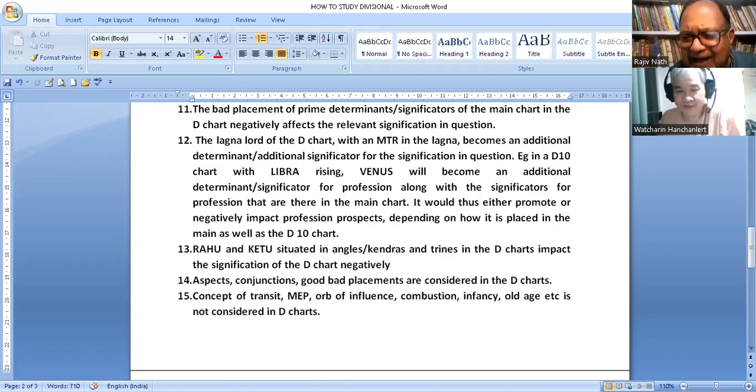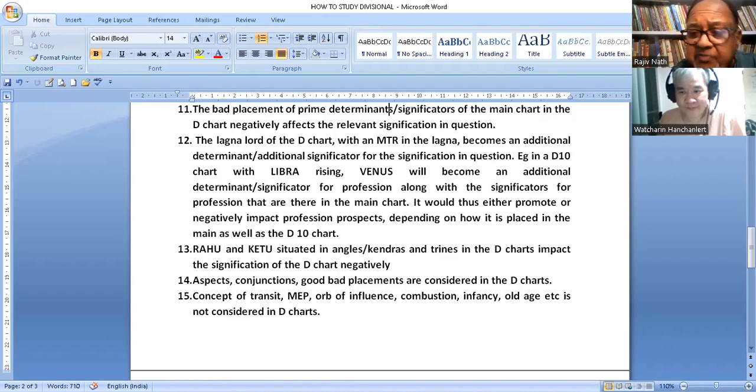But in the D10 chart, if a Mool Trikona Rashi like Libra appears in the Lagna, then the lord of that Mool Trikona Rashi of D10 becomes an additional determinant or significator for profession in that native's life. So in this case, in the D chart, Libra is the ascendant and Venus is the lord.